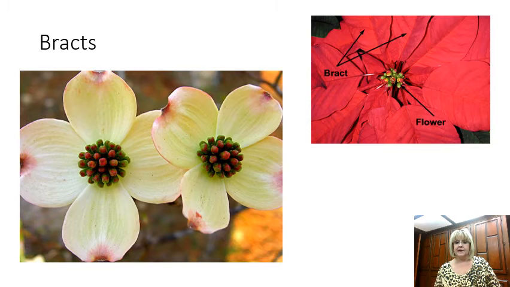So these are colored bracts. Your poinsettia, just that part in the very middle is your flower. All of what you see there, the red leaves, those are just colored bracts, but they're beautiful. So we think of them as flowers, but botanically the flower is just that very center part.